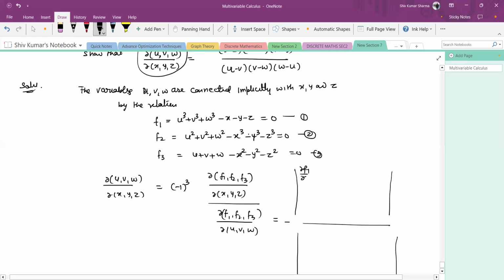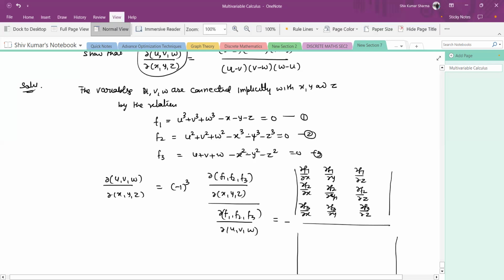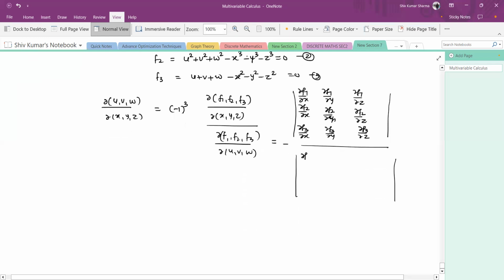In the numerator we write down ∂f1/∂x, ∂f1/∂y, ∂f1/∂z, ∂f2/∂x, ∂f2/∂y, ∂f2/∂z, ∂f3/∂x, ∂f3/∂y, ∂f3/∂z. In the denominator we write down ∂f1/∂u, ∂f1/∂v, ∂f1/∂w, ∂f2/∂u, ∂f2/∂v, ∂f2/∂w, ∂f3/∂u, ∂f3/∂v, ∂f3/∂w.